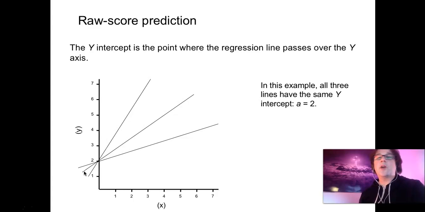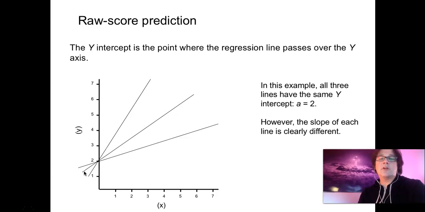So the y-intercept is where the line crosses over the y-axis, right?